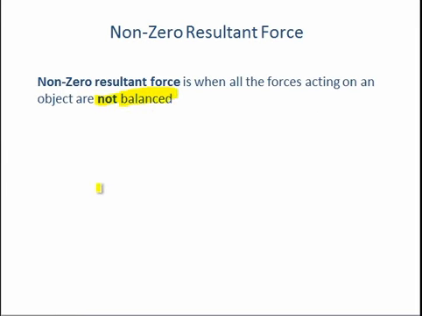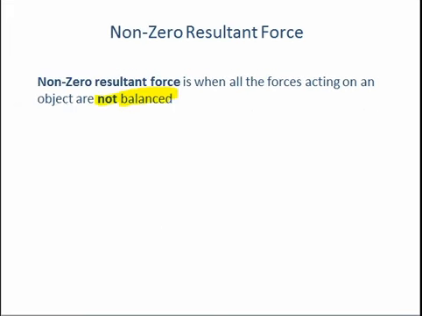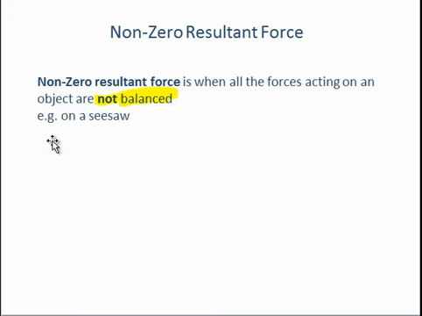So what I was talking about first, when you have a ball rolling down the hill, if these positive values were greater than the blue negative values, then it would have a non-zero resultant force. And this essentially means lots of different things depending on the situation. So I'm going to use a different example now, that of a seesaw.